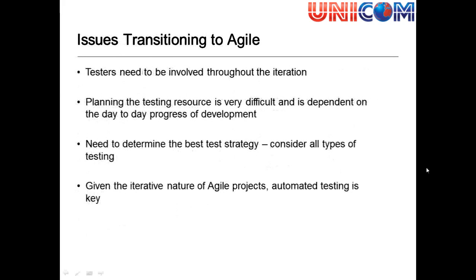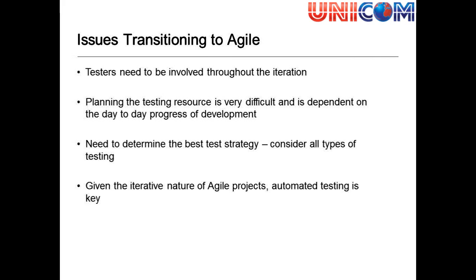So the issues when we're transitioning to Agile: a lot of testers need to be involved throughout the iteration. It depends if, when we're transitioning to Agile, we still have separate testing teams. What's typical, I do notice, is that testers are often loaned to Scrum teams, which is not a great scenario, but it's one way that businesses try and adopt when they're transitioning to Agile.